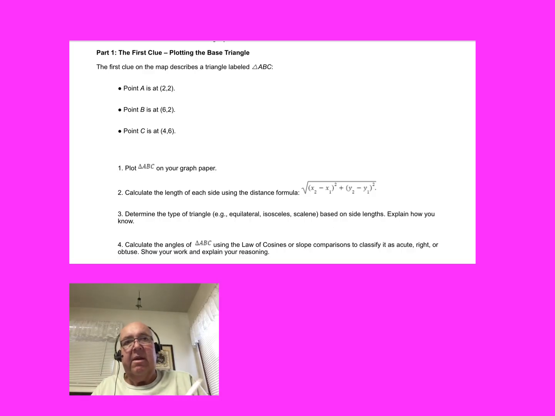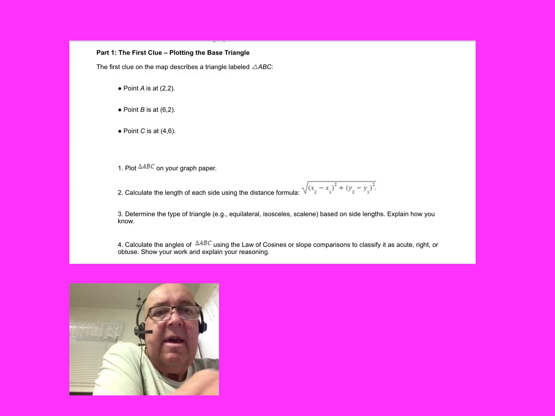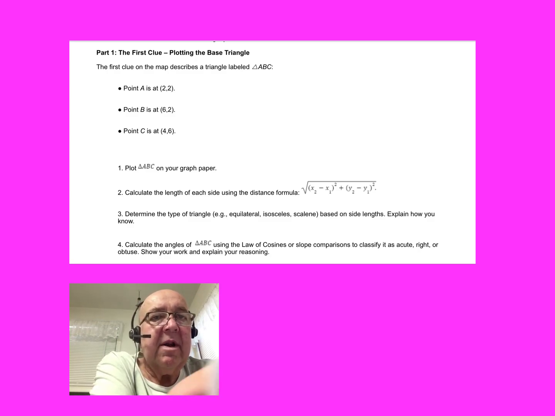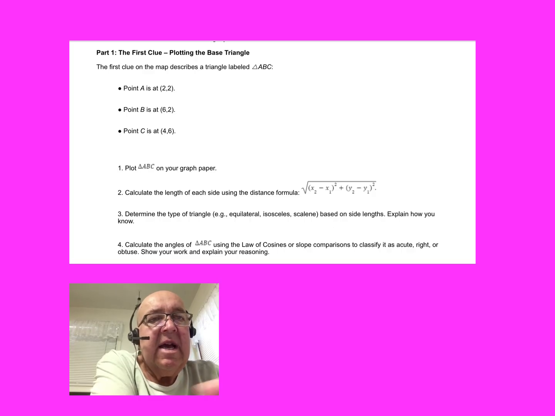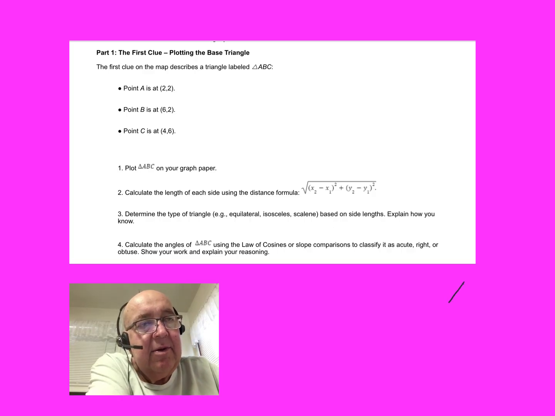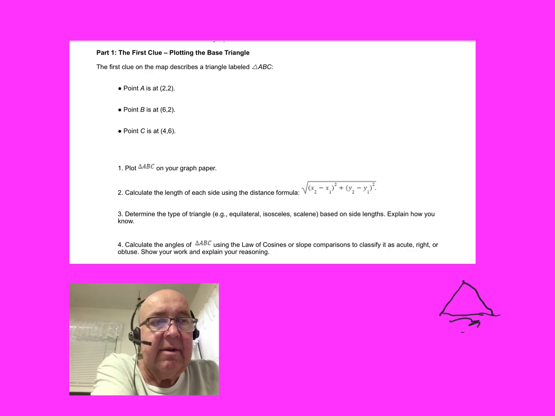So we want to plot this triangle, and then after plotting the triangle, we want to find the length of each side using the distance formula. This triangle is going to be a bit unique in that the base, when you plot it, is going to be a horizontal line or a straight line going perfectly straight across with no change in rise over run.